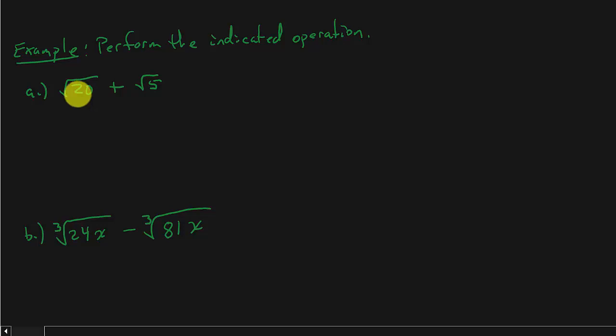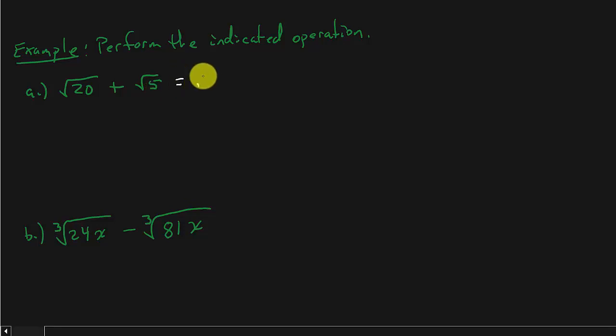So we want to do square root of 20 plus square root of 5. Well, the indexes are the same. They're both 2. But what's underneath the radicals is not the same. So we're thinking, well, we can't add those together.